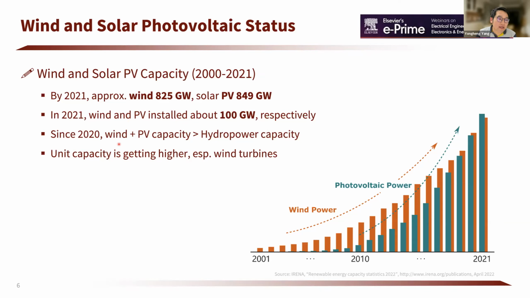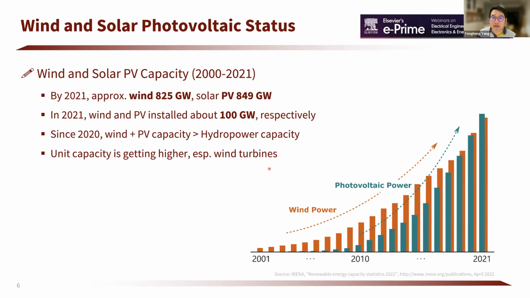And as I mentioned in the previous slide, since 2020, wind and PV total capacity has exceeded the total capacity of hydropower. We will see more difference, more PV and wind compared to hydro in the near future. And another interesting point is the unit capacity is getting higher, especially for wind turbines.